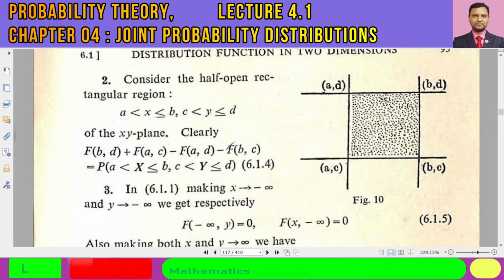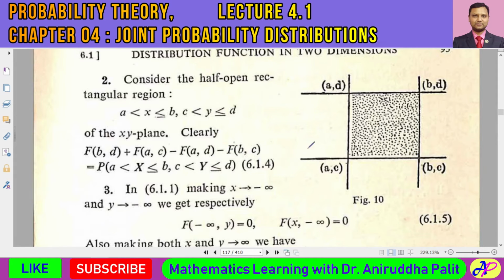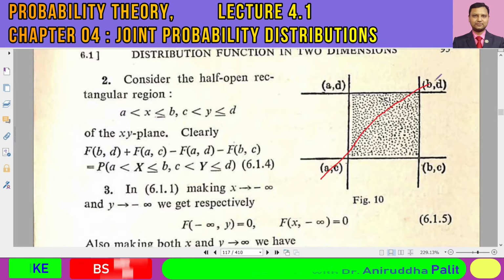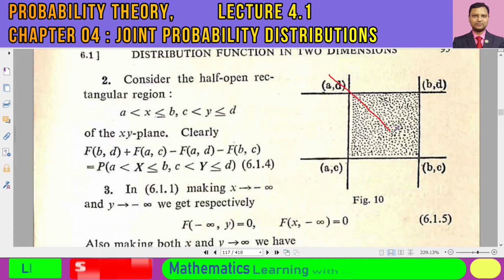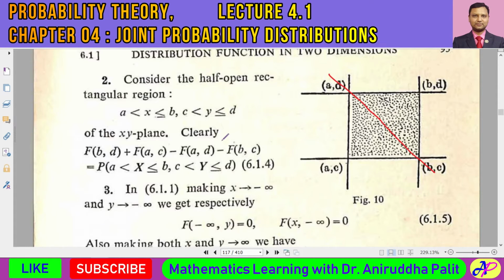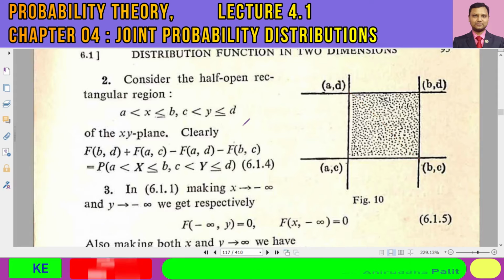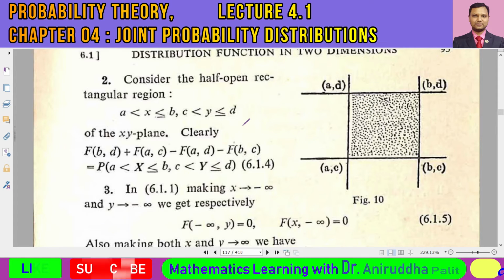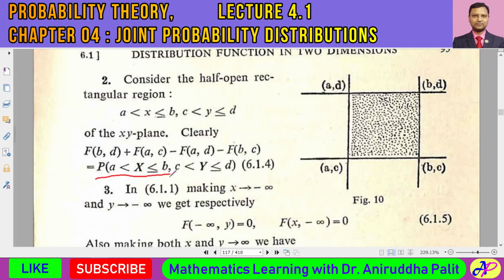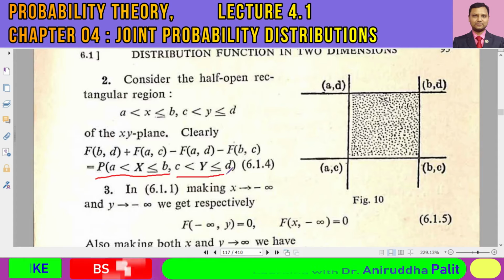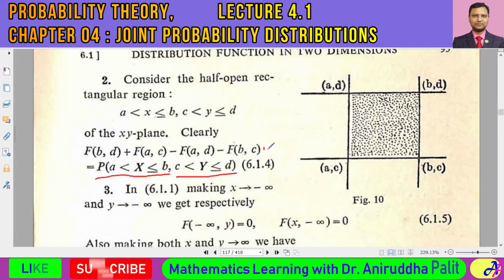So you can remember the formula in this way: along the cross diagonal elements there is a positive contribution, and along the main diagonal elements we get negative contributions. In this way, you can remember that the probability of a less than x less than or equal to b, and c less than y less than or equal to d, is equal to this expression.